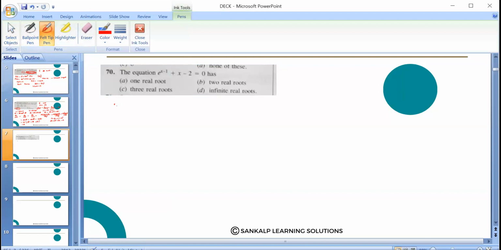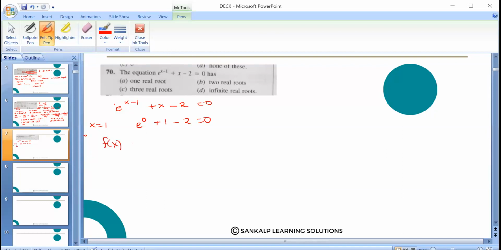So clearly the equation is e power x minus 1 plus x minus 2. It will be 0 if x equal to 1 because e power 0 plus 1 minus 2 will be 0. So x equal to 1 is one of the roots.